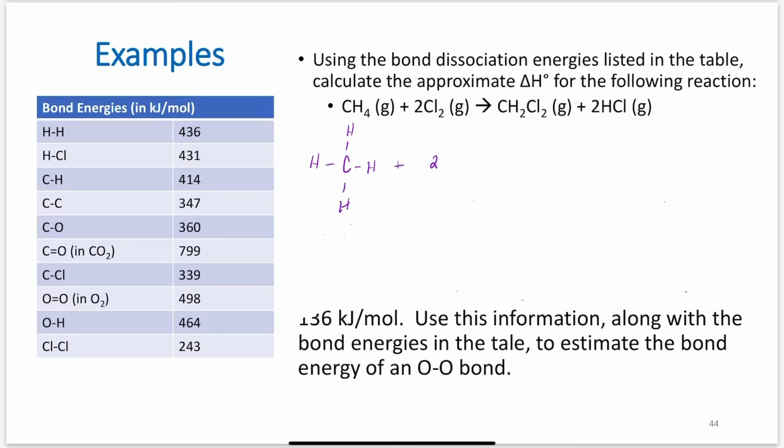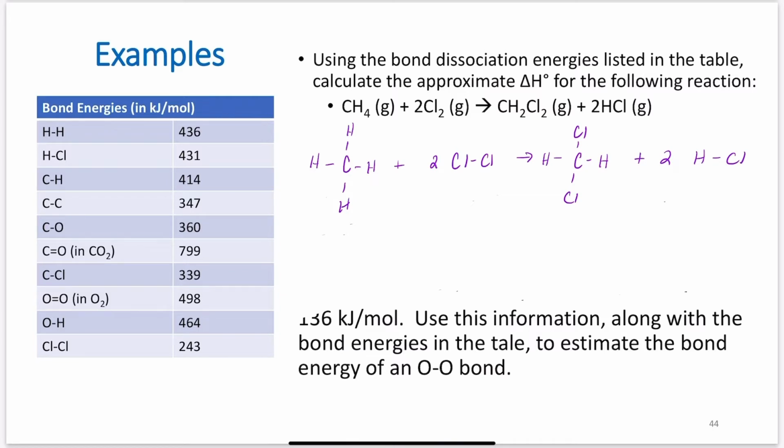This is going to react with 2 moles of Cl2, producing 1 mole of dichloromethane, and 2 moles of HCl.